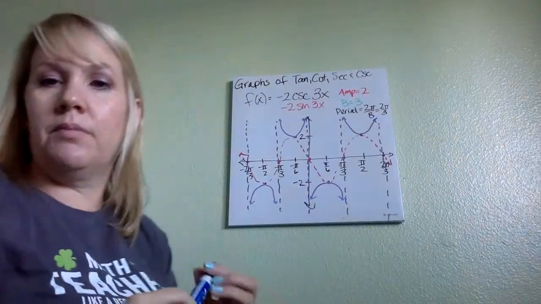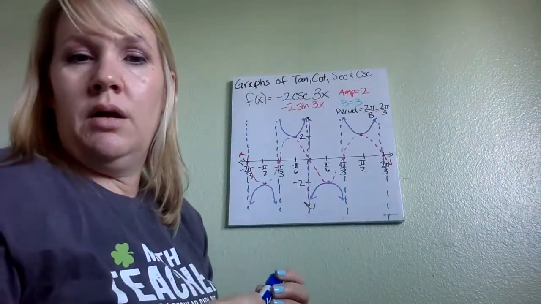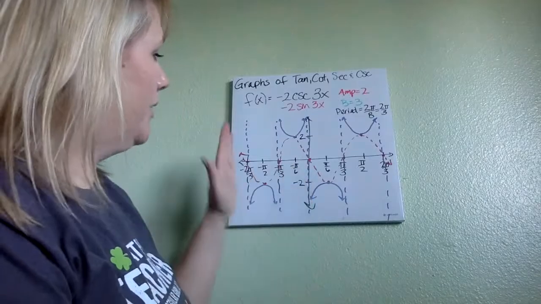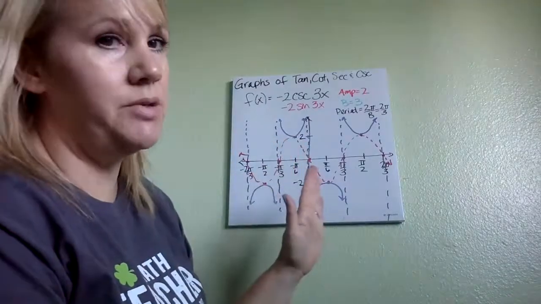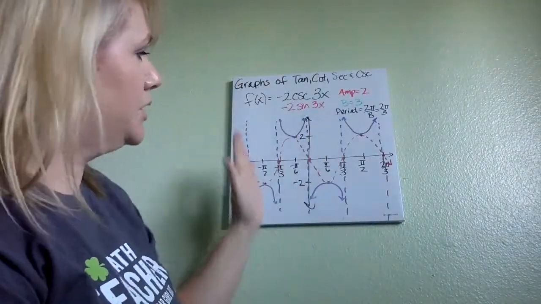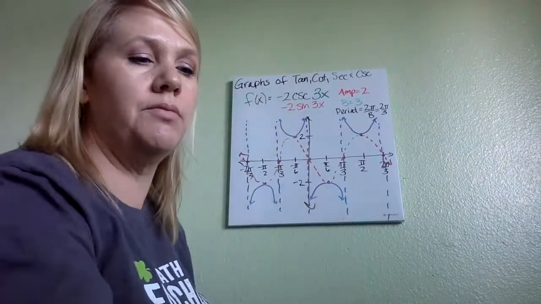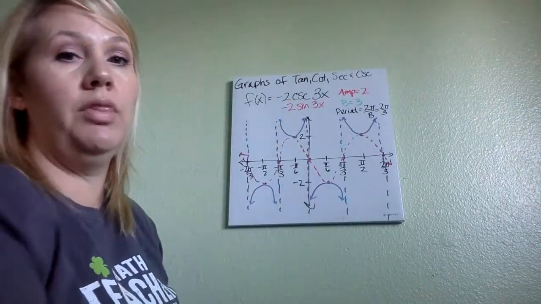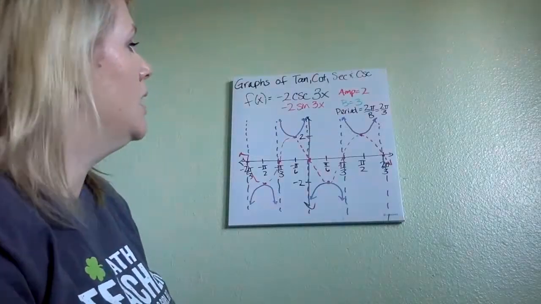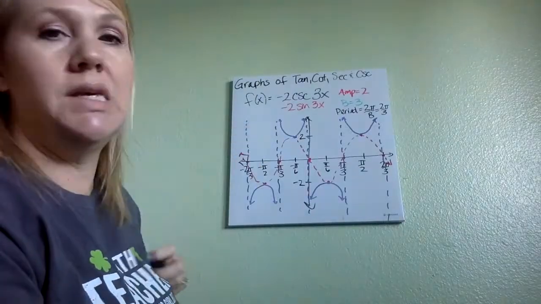Okay, so the blue graph, again, has to have the asymptotes in there, has to have the little parabolic shapes. That is what you're looking for when you make the graph of the cosecant function. So that one, the asymptotes and little parabolas, would be -2 cosecant of 3x.